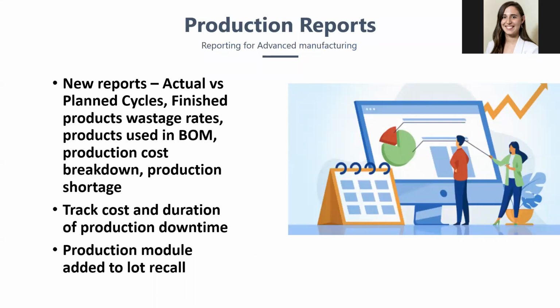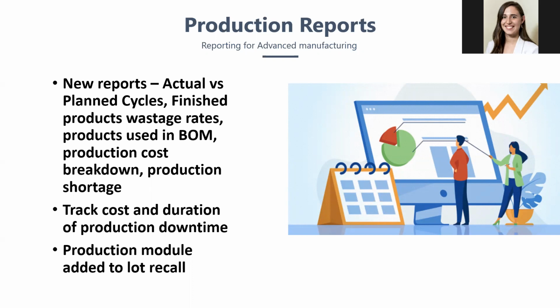Production reporting. We've had some new reports put out for production-specific reporting. Some of these include actual versus planned cycle times. You can use this report to identify whether production time is overrunning and by how much. Finished product wastage rates: this report compares expected production quantities with actual production quantities.